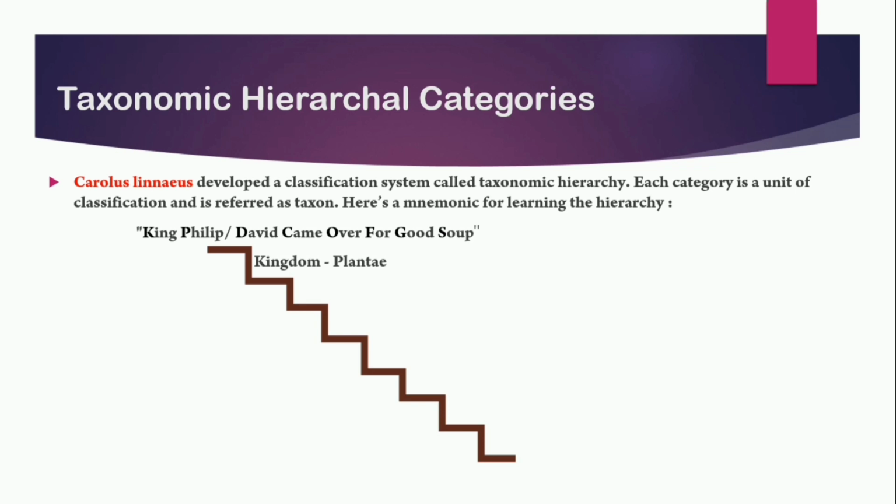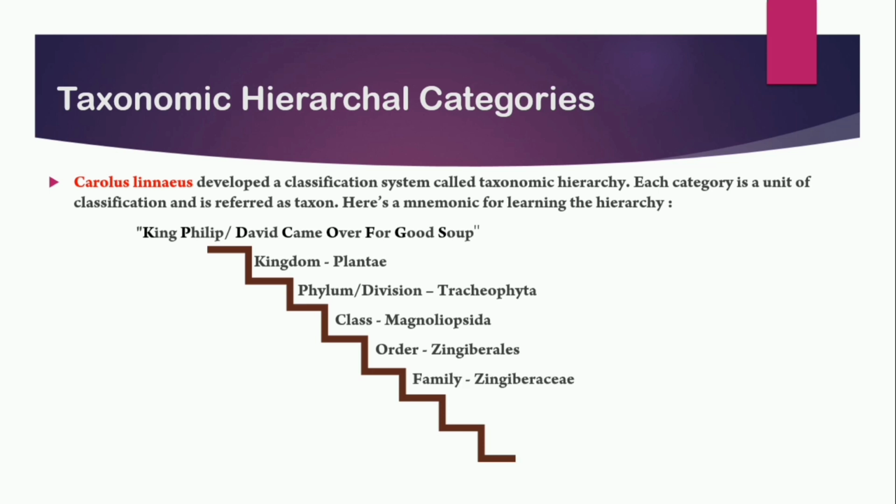So kingdom. Next, phylum or division, class, order, family, genus, species. Okay, so this is the hierarchical system given by Carolus Linnaeus. Now here, kingdom is a taxa, phylum is a separate taxa, class is a separate taxa.